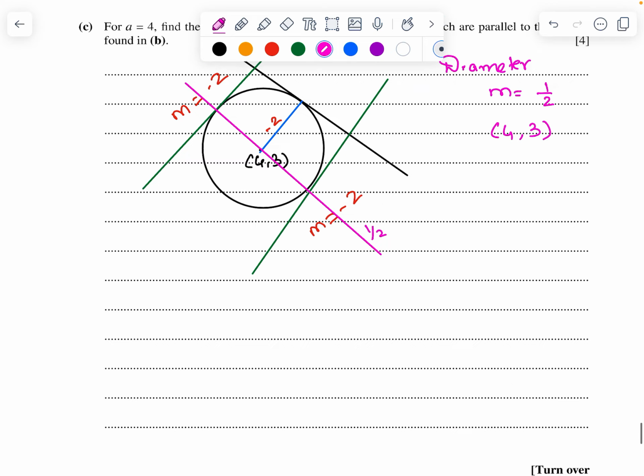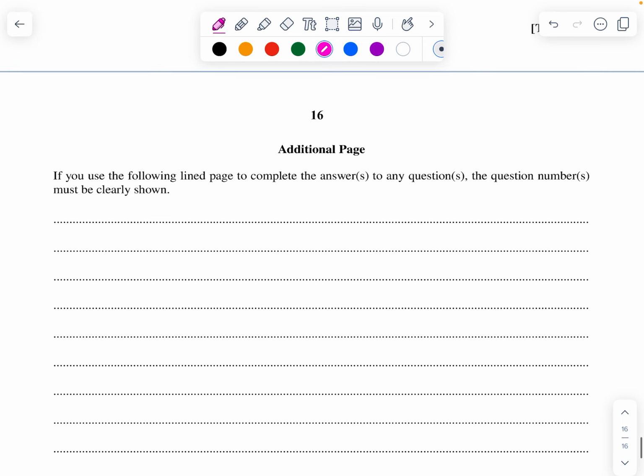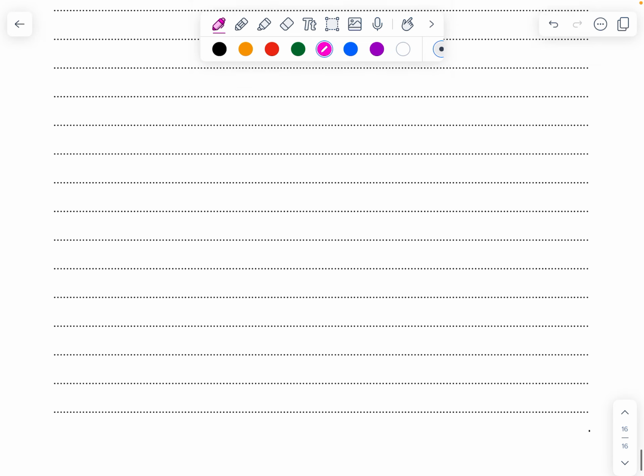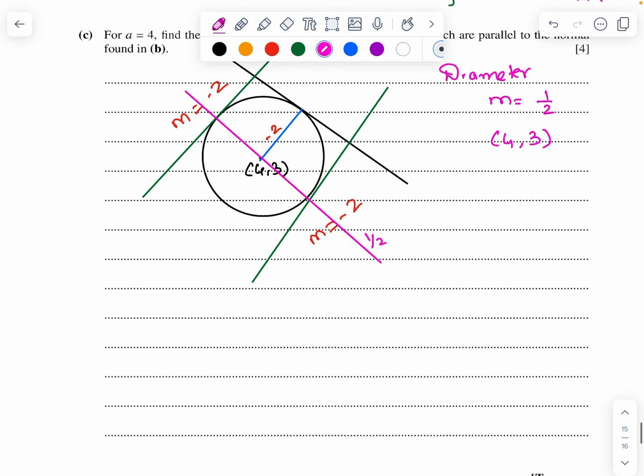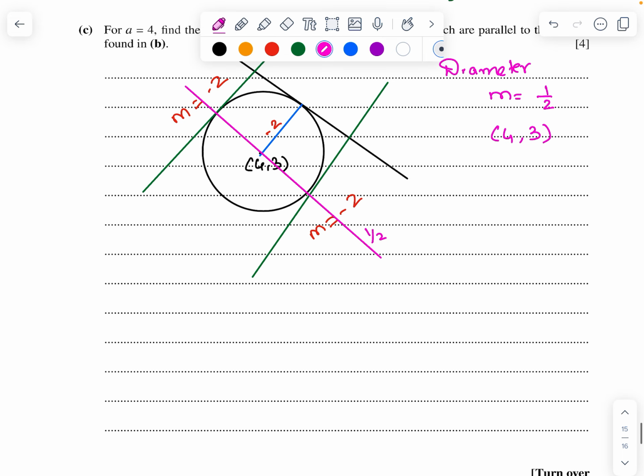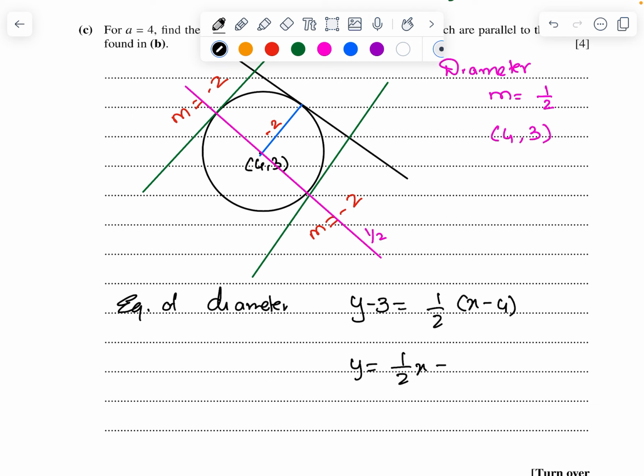It's a long page, that's the reason an additional page has also been given, and it's the last question, so it takes time. Equation of diameter: y minus y1 equals m times (x minus x1). This gives y equals half x minus 2 plus 3, so y equals half x plus 1.